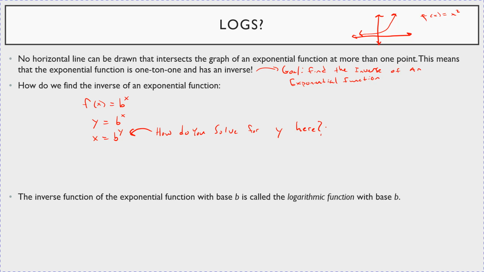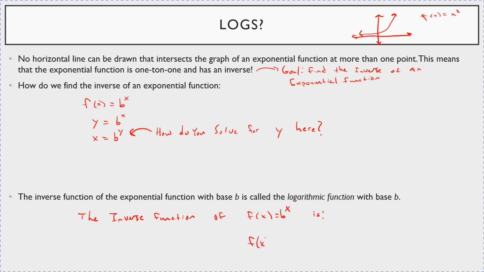So the inverse function of an exponential function with base b is what's called the logarithmic function of base b. So the inverse function of f of x is equal to b to the x. b raised to the x power is this function right here, okay?